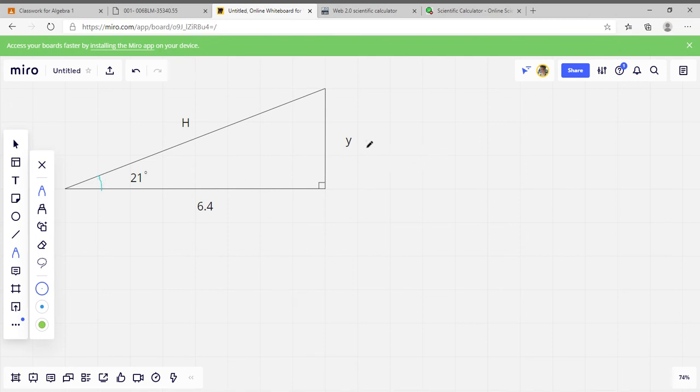The opposite of that will be over here. The adjacent would be here. And this one's our hypotenuse. And we have H and Y, so we got to find the hypotenuse and the adjacent. And so we're going to start with SOHCAHTOA.